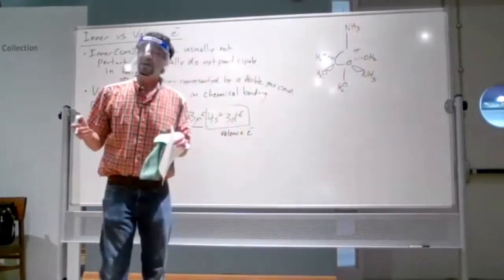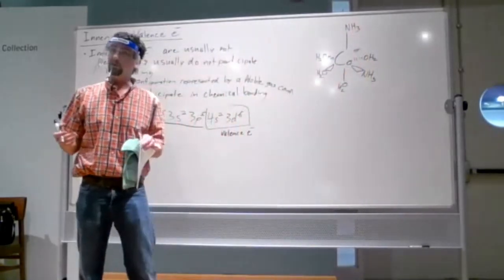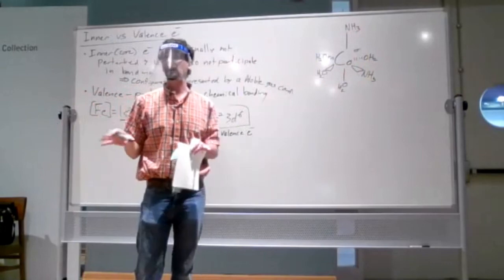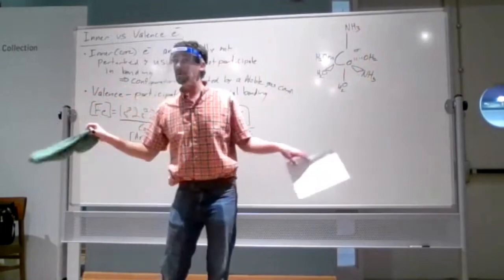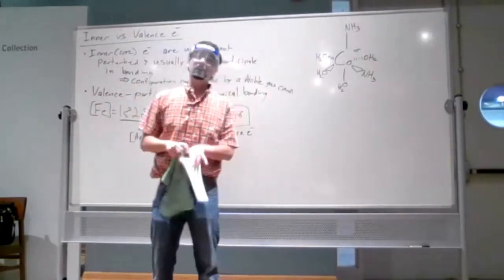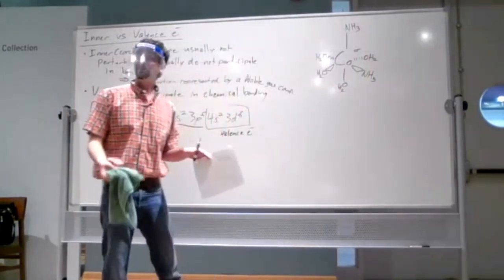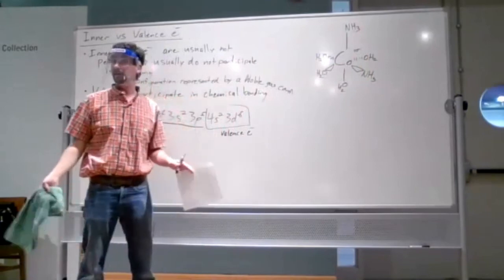So the conventional ideas of Lewis dot structures break down when you consider transition metal complexes. That's why we don't actually ever talk about them in this class. But if you're really interested, come to inorganic chemistry and we talk about it a ton.